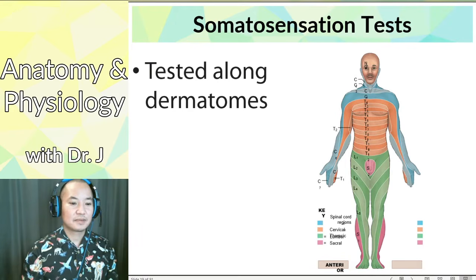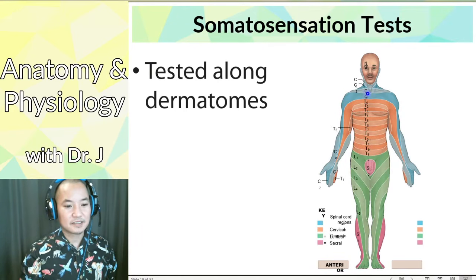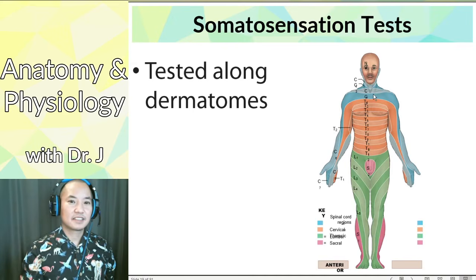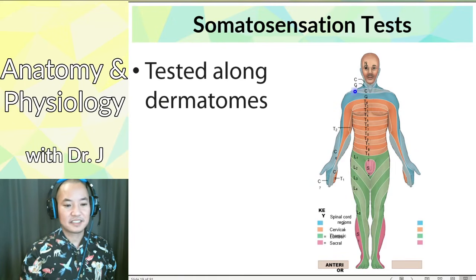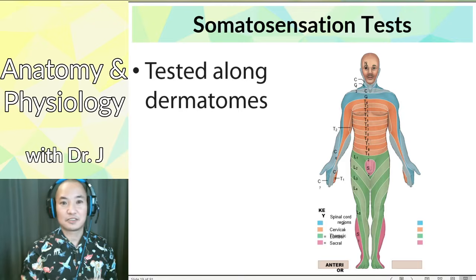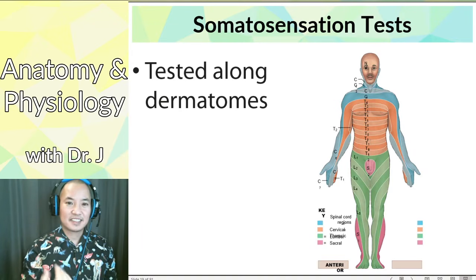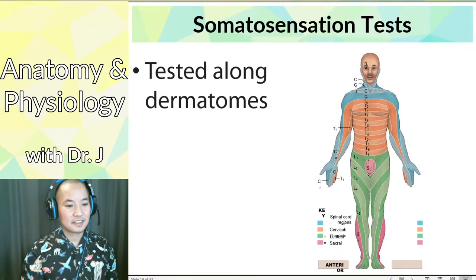If you're testing whether somebody is able to feel appropriate sensations along these areas, and the sensations are inappropriate, like you're touching someone with a cotton ball and they feel it's hot, or they feel like you're putting a needle into them, that's something incorrect, or it could be no sensation at all.